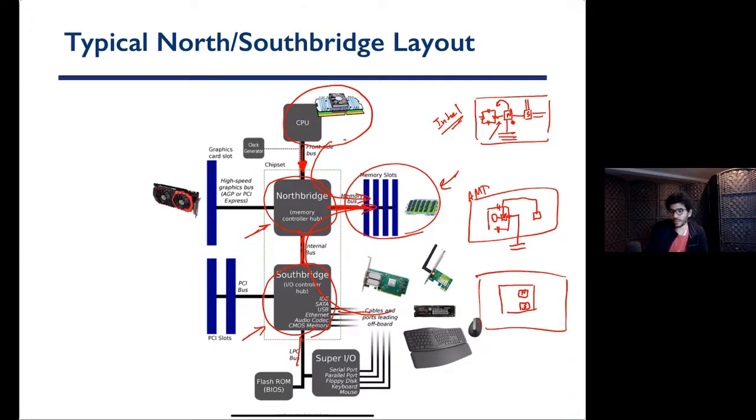Here you just install your memory, and off chip you install all your I/O devices. Both of them are on the same chip with the CPU. So this provides even further performance improvement, as communicating with the I/O controller becomes really fast.